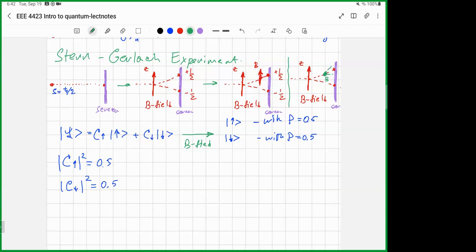It's hard to write this on a plane, but you can imagine, when we apply a magnetic field in the orthogonal direction, the x direction, it again splits the beam into two different beams, two different states, plus and minus, but now in the x direction.